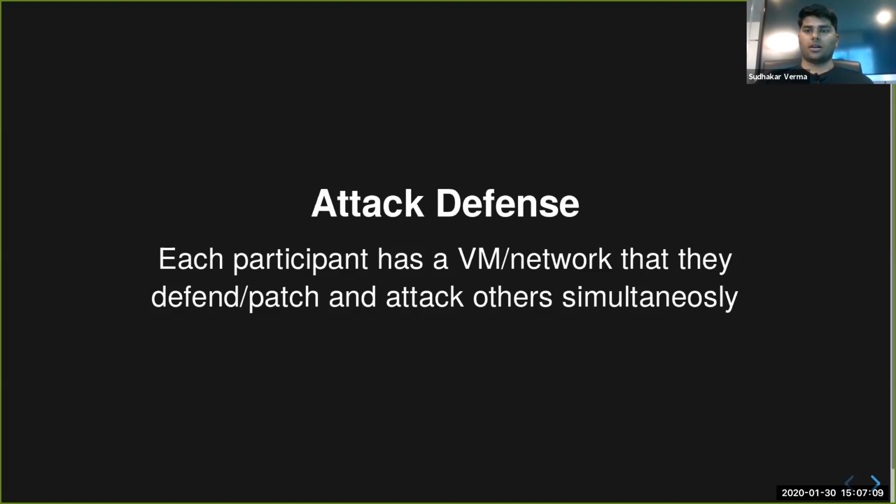So this is like a double-edged sword, you can say. You can attack and defend, and both of these activities give you points. Points are usually given by how many flags you compromise on other teams' machines and what the uptime of your service is. As long as you patch your services well and write good exploits, you will be ranked higher on the scoreboard.